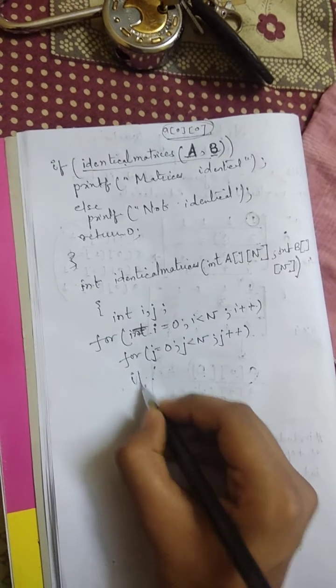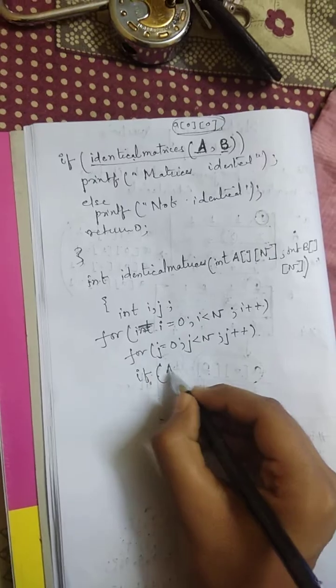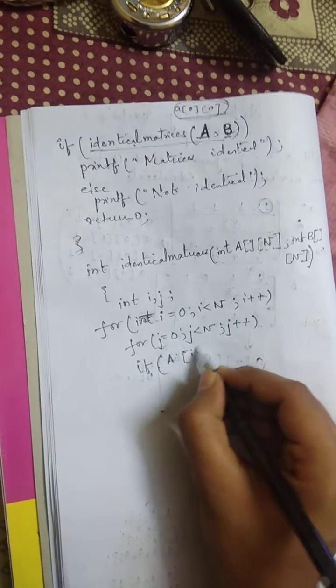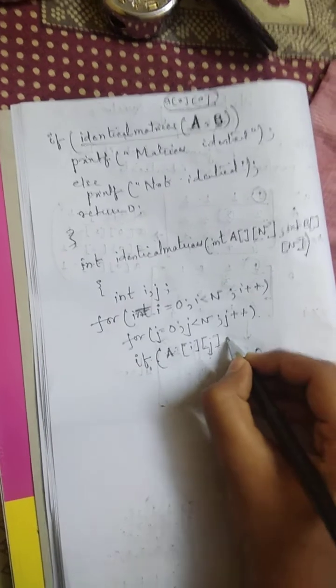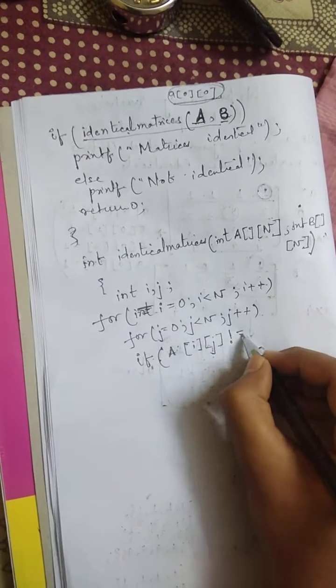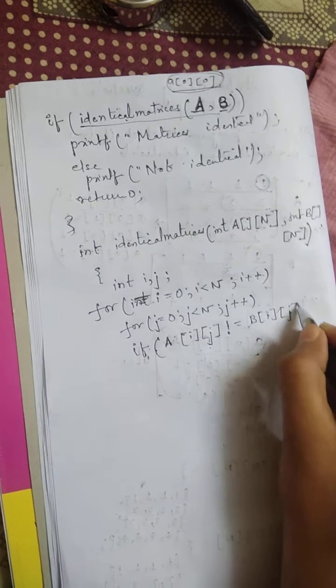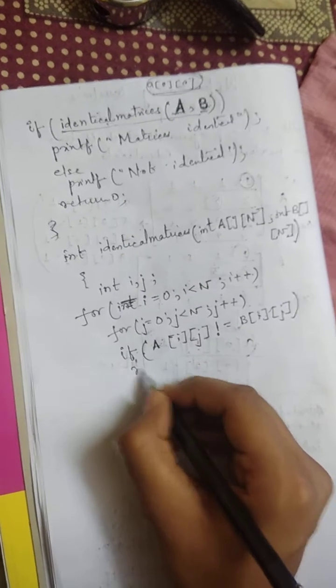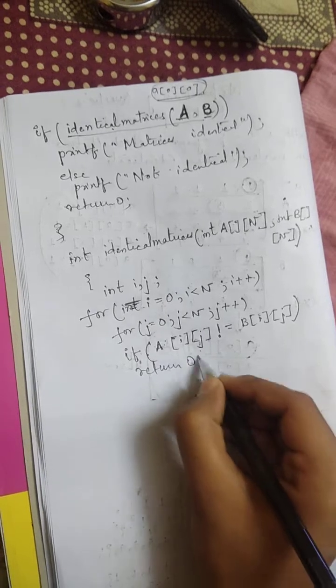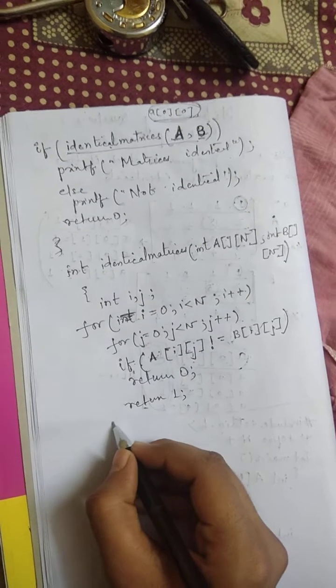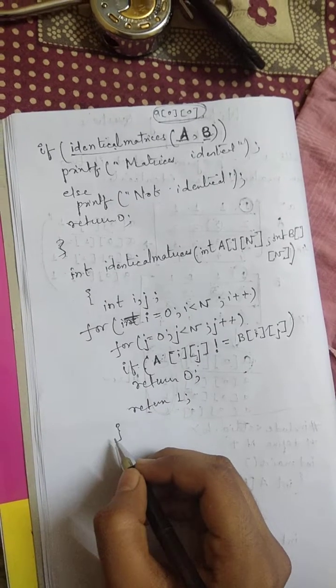Then the condition, which is the crux of the program: if a i j is not equal to b i j, then we will return 0, else we will return 1. Okay, this is closed.